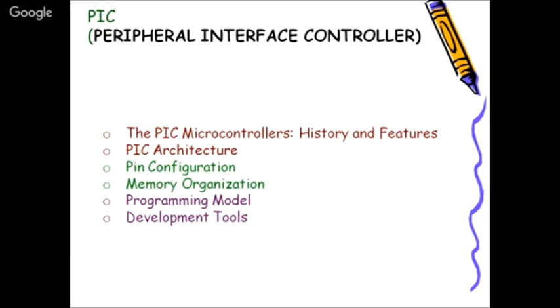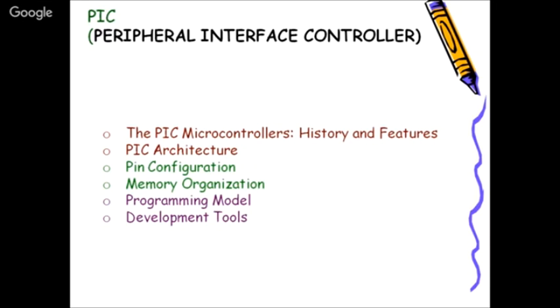Microcontrollers are mainly meant for controlling jobs, interface controlling, unlike your DSPs, which are meant for data intensive operations, whereas your controllers are meant for controlling operation, controlling your input output peripherals. They don't do data intensive operations, unlike digital signal processing. Well, embedded systems can be developed with all the cores, including DSP and microcontrollers. So PIC is peripheral interface controller.